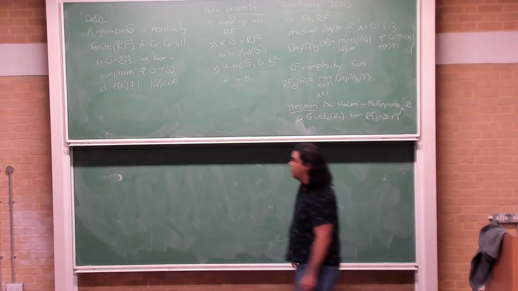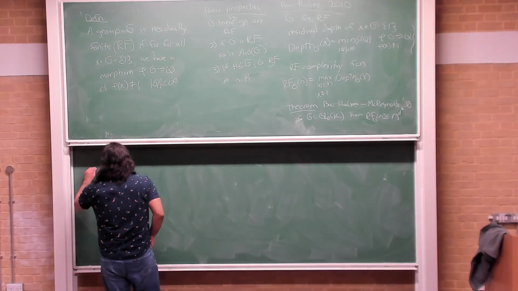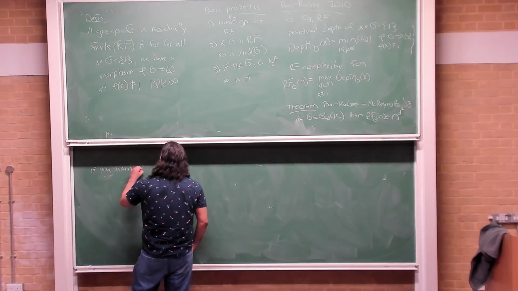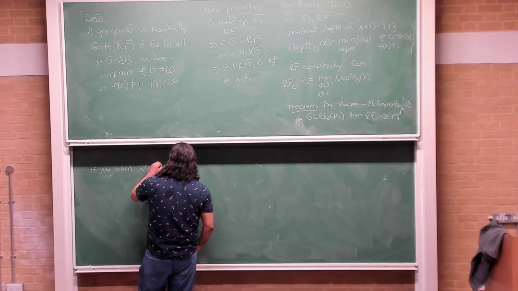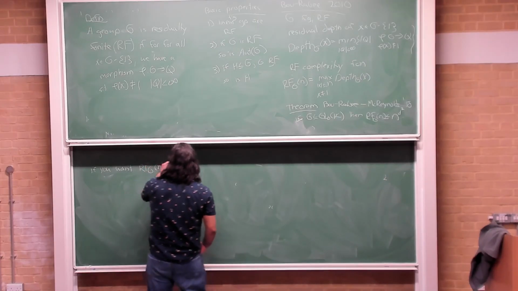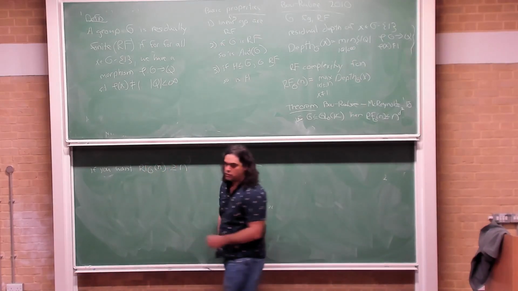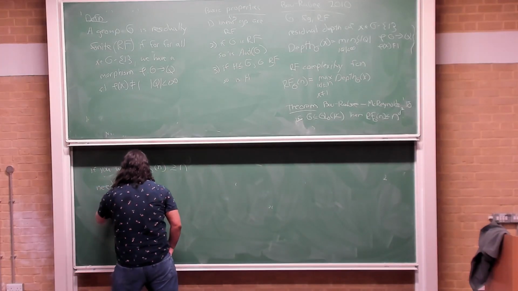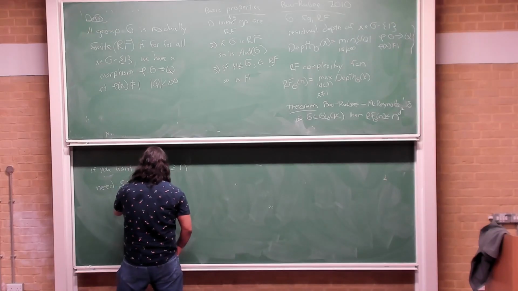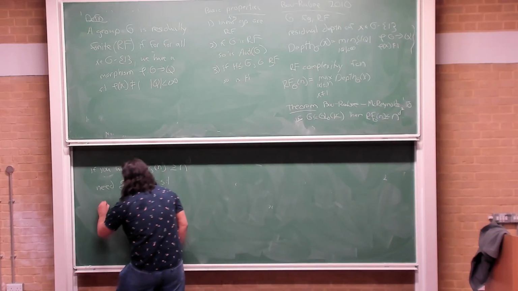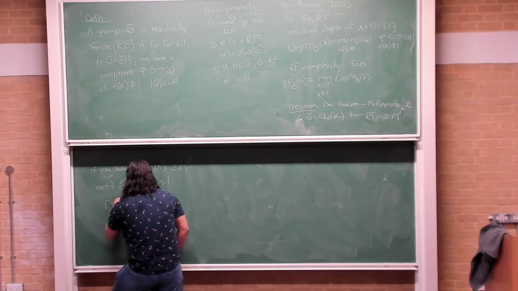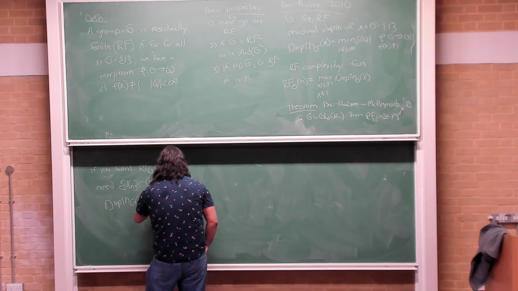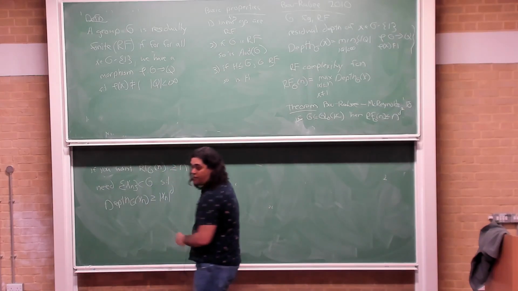If you want RF_G,X of n to be greater than n to the d, you need an infinite sequence of elements x_n in G such that the depth of x_n is greater than or equal to the word length of x_n to the d.